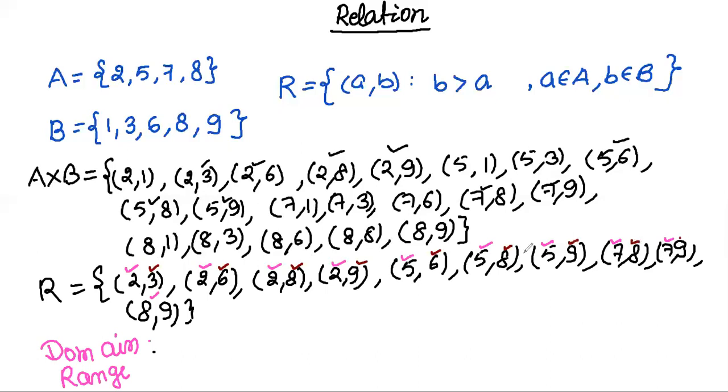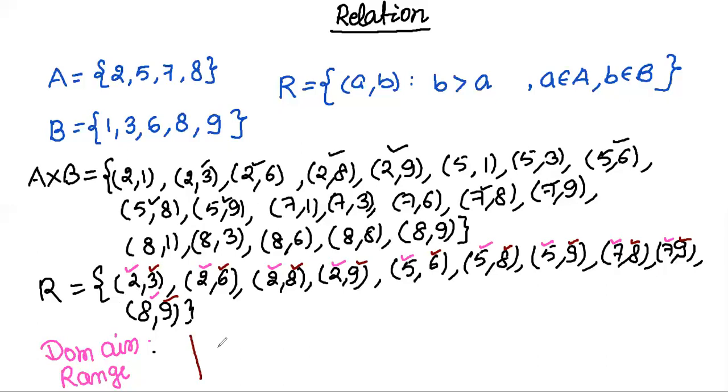Again I'm repeating, domain means all first elements in ordered pairs in R, and range means all second elements in ordered pairs in R. So these are the two important terms that we have to use in relations as well as in functions.